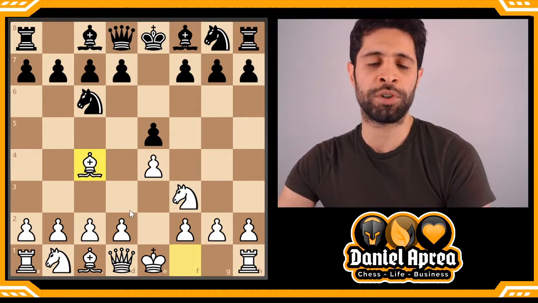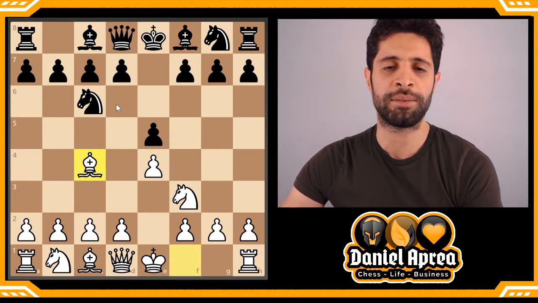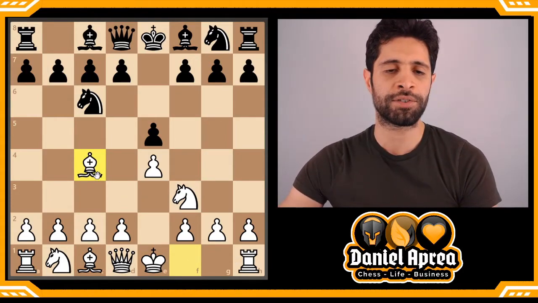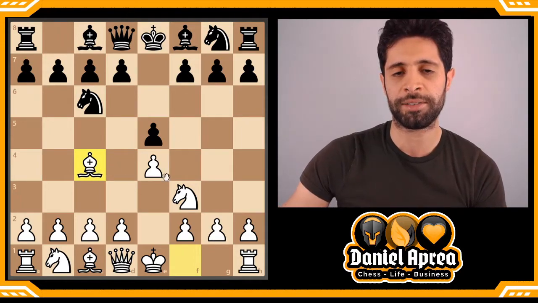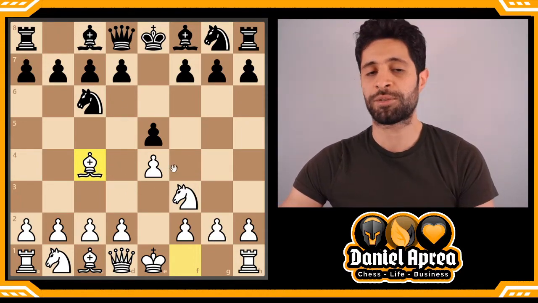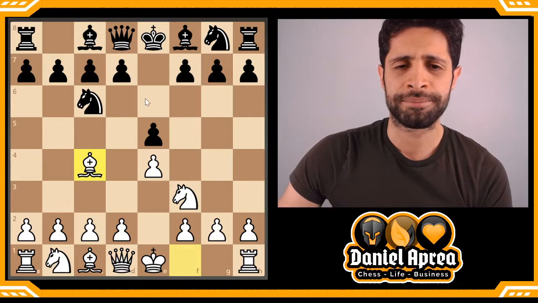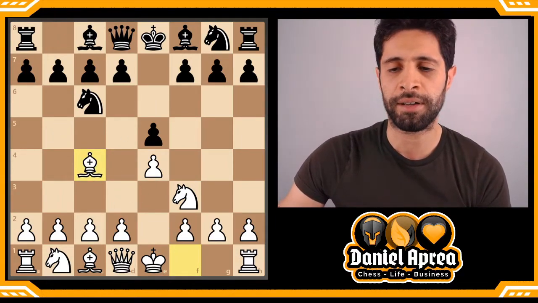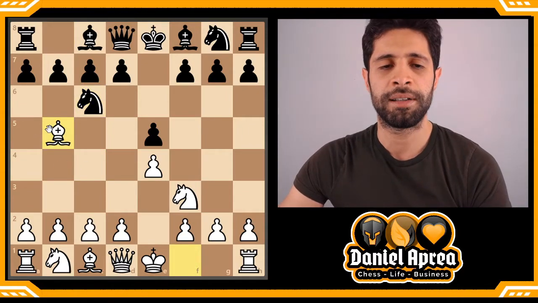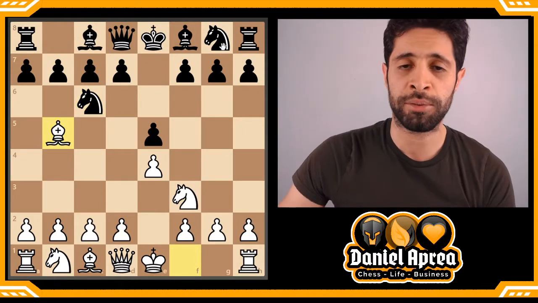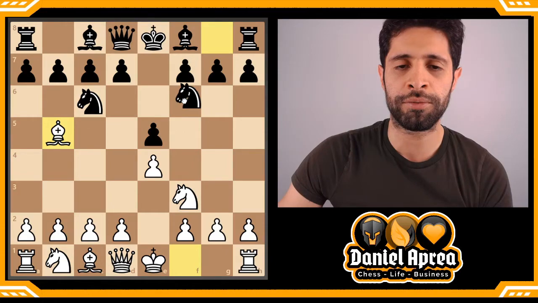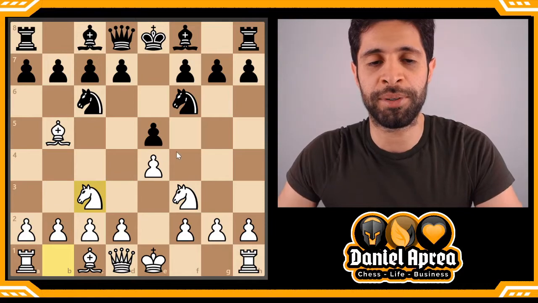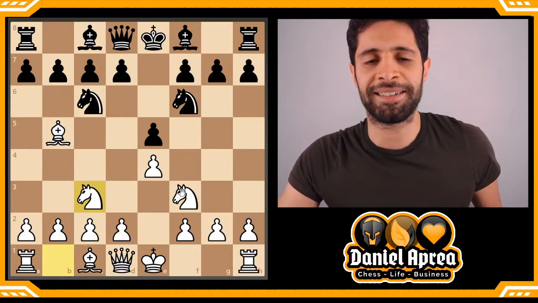Now, what's important to understand is that in the opening, normally what you want to do is just castle as quickly as possible. So develop your pieces as quickly as possible. Don't move the same piece twice. So for example, let's say we have this position here. Now, a reasonable move could be this and this. Now, I'm not explaining all the details because then it could take years to explain all the complications of this.